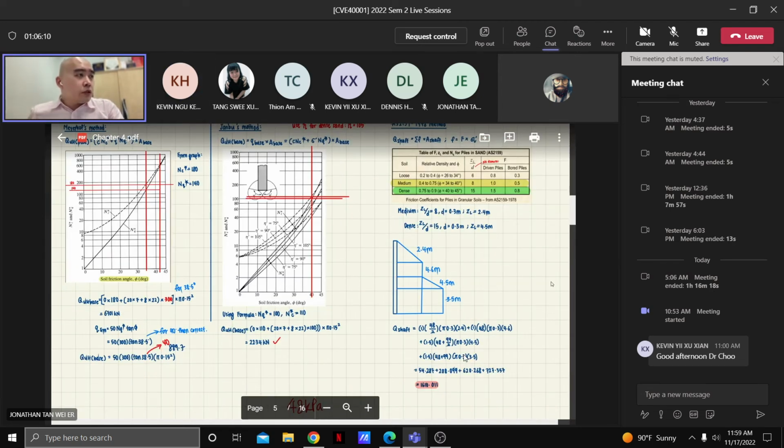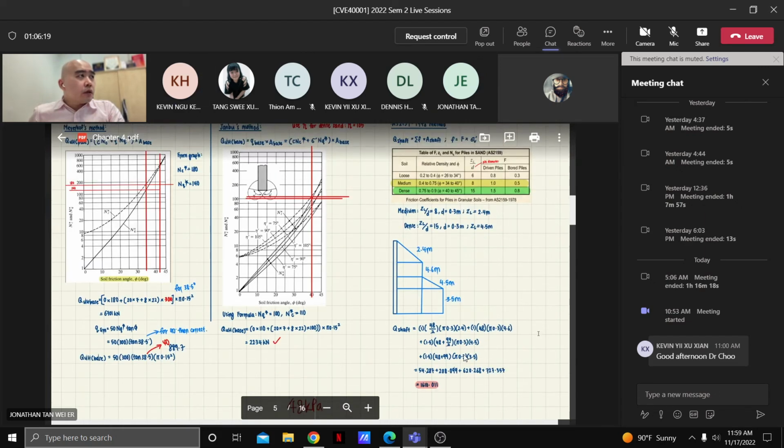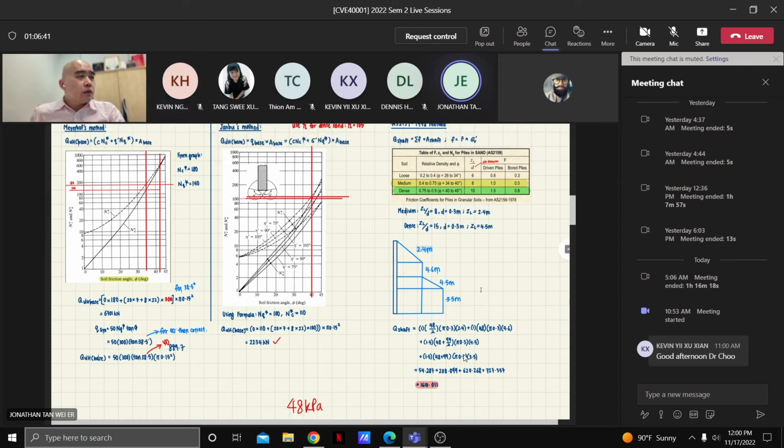So what should the answer be? 1382. I've got the solution here, but I'm trying to draw it out. Is this distribution diagram correct? This one.